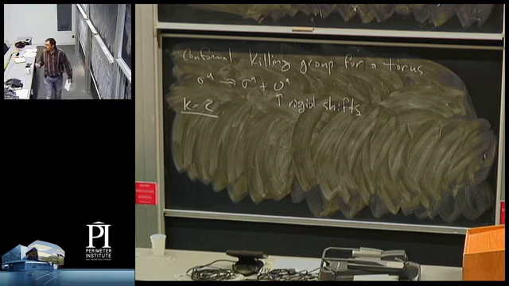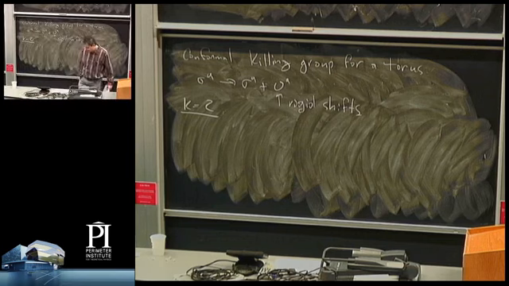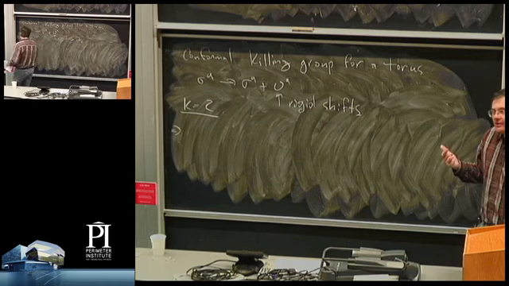Right, so I already mentioned to you how we deal with moduli. Because moduli correspond to inequivalent configurations, we have to integrate over all possible moduli when we compute our path integral. But what do we do with this conformal Killing group? What do we do with the residual transformations?